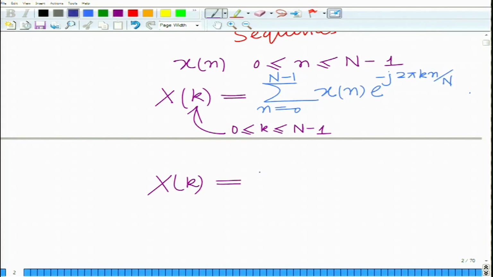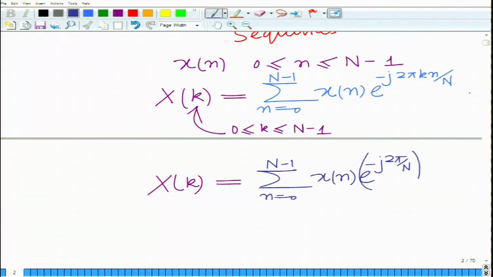Okay. And this can also be written as follows: X[k] equals summation n equal to 0 to N minus 1 x[n] e raised to minus j 2 pi over N, raised to the power of k n.